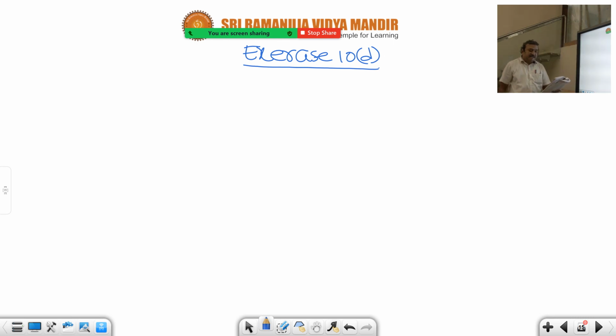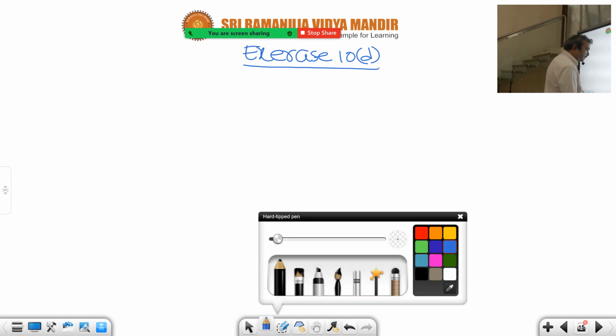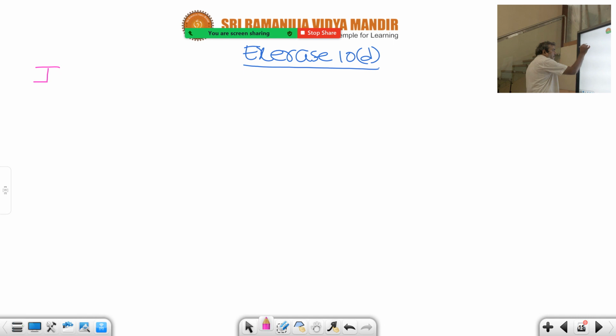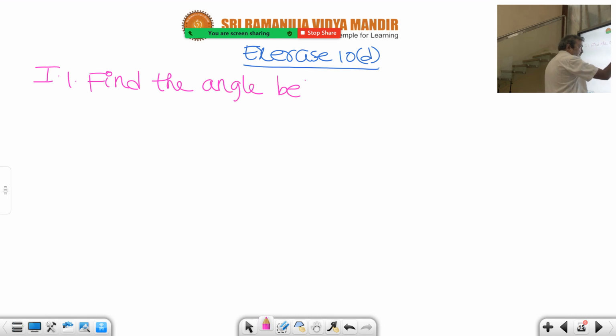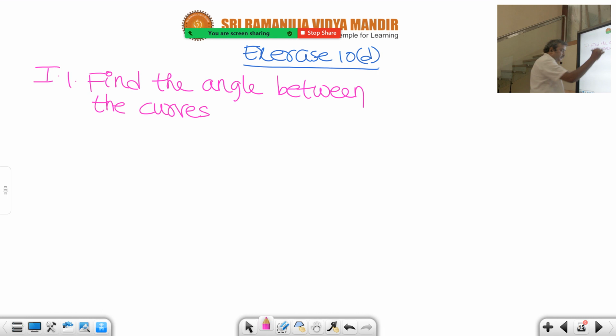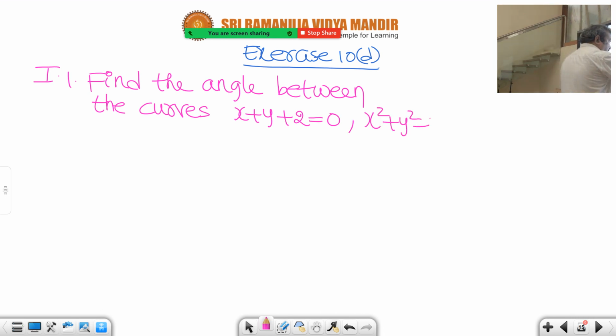Write down. Find the angle between the curves x plus y plus 2 equals 0 and x square plus y square minus 10y equals 0.